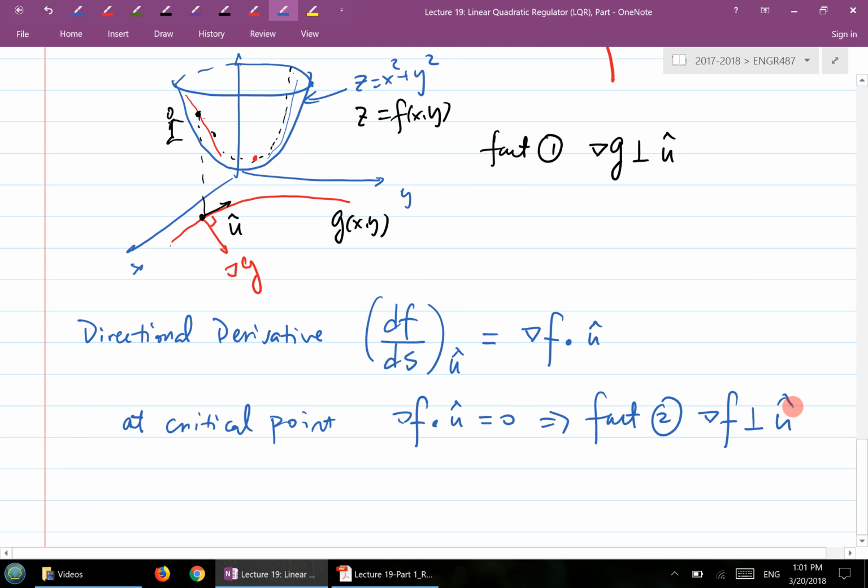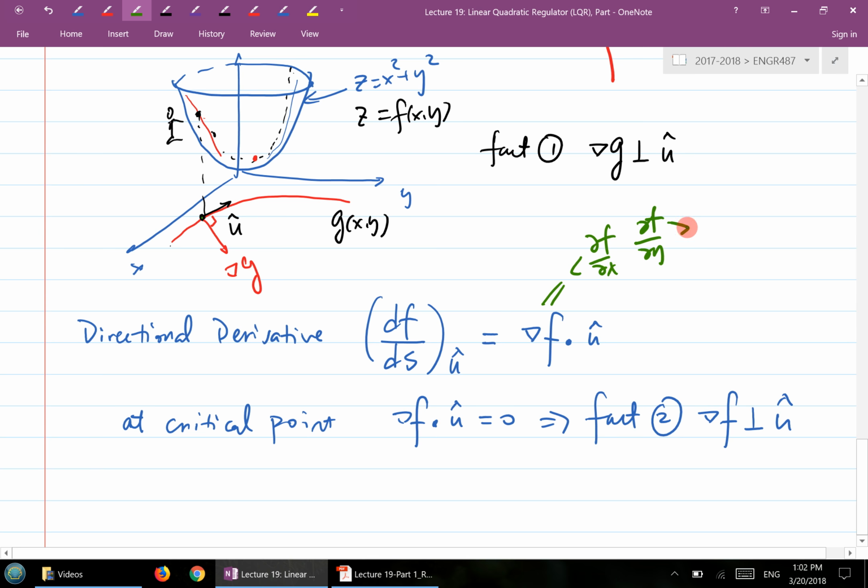Okay, so if I go back to this drawing here, I'll use a green color. When we draw del f, it is a vector of size 2 because this is a function of two variables. So this is equal to partial f over partial x, partial f over partial y.